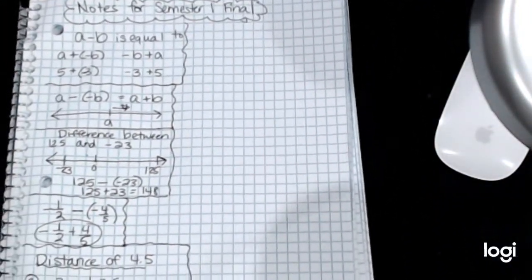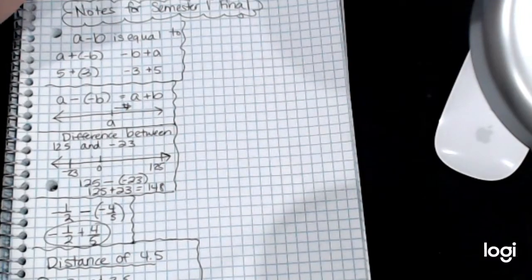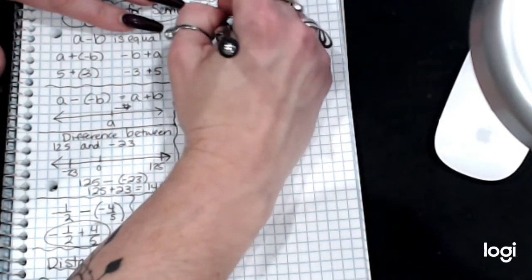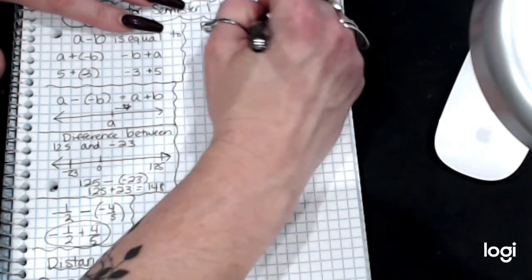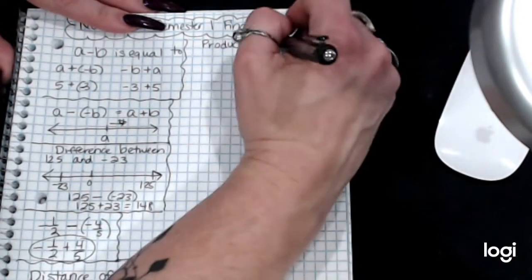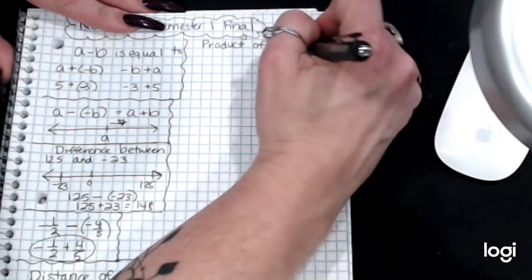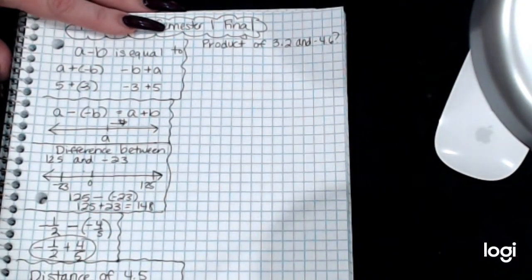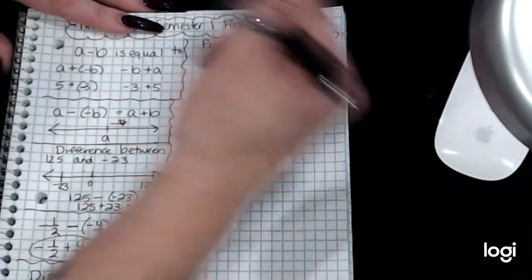Okay, I'm going to move back up to the top. What if we have a problem that says you want to know the product of, we'll say 3.2 and -4.6. So you're trying to find the product of those 2 numbers. Product tells us to multiply.